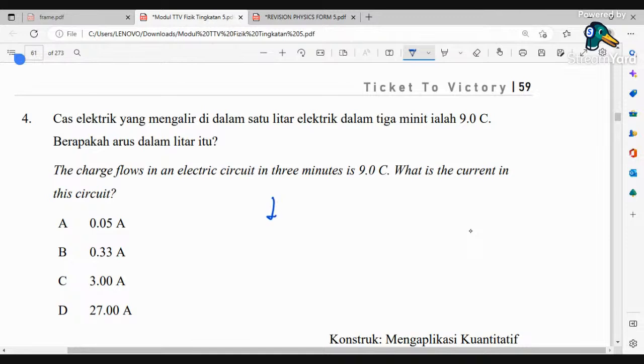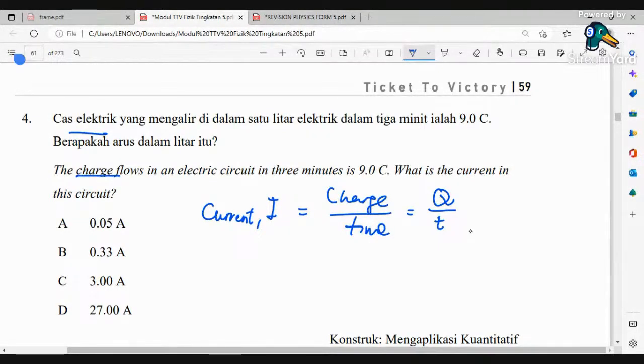Current equals rate of charge flow, Q divided by t. If the question needs you to find charge, make charge the subject, so you have Q equals It.